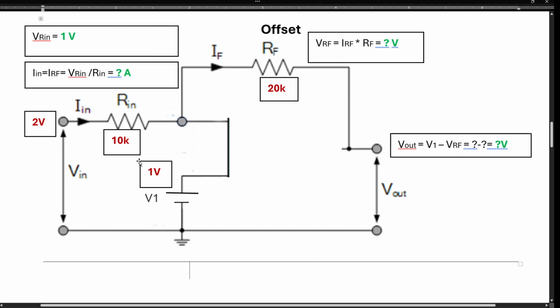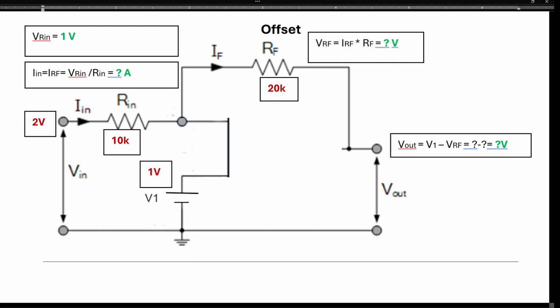All right. What is the current value? We don't know what this one is, but if we know what this one is, of course, in series, then this one's going to be the same, right? So I equals V over R. The V are in, that's 1 volt divided by 10 kilo.